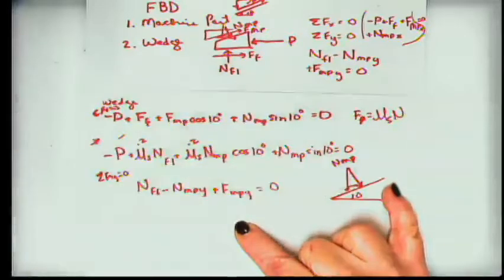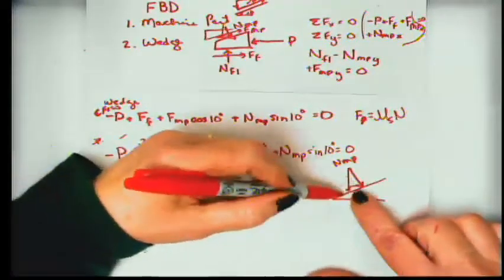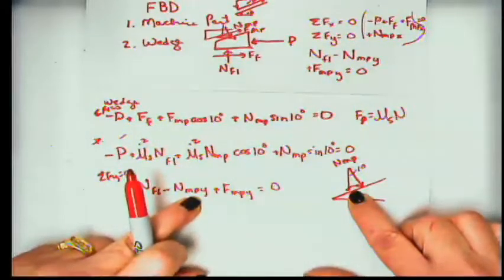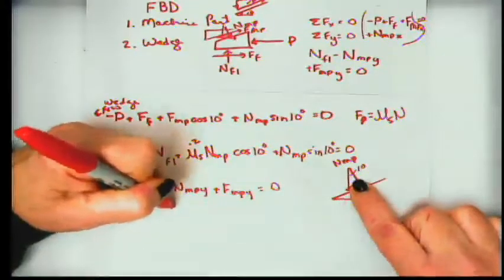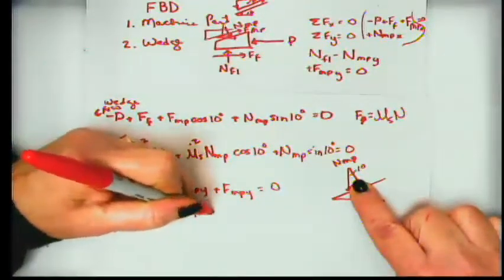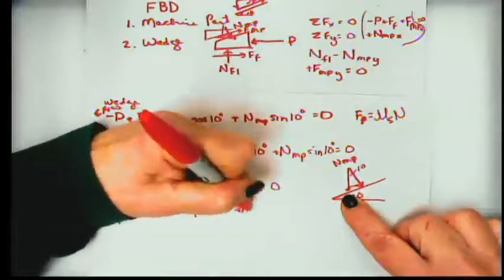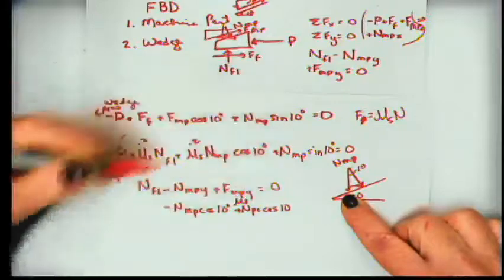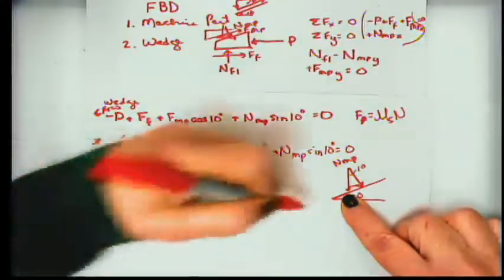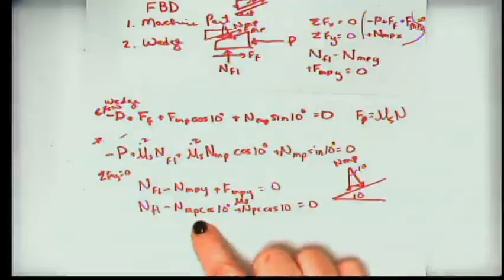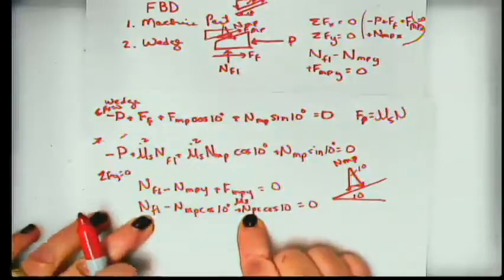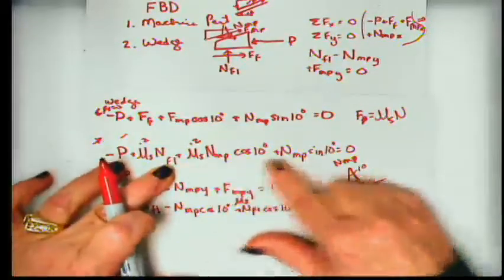This is my x component. So if this is 10 degrees, this angle is also 10. So my normal force from the machine part in the y direction is MP times the cosine of 10 degrees. And my frictional force is that normal force times mu sub s equals 0.